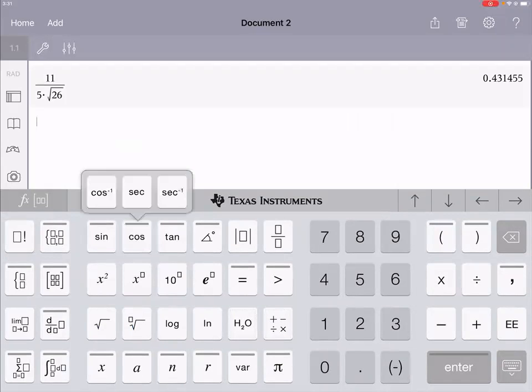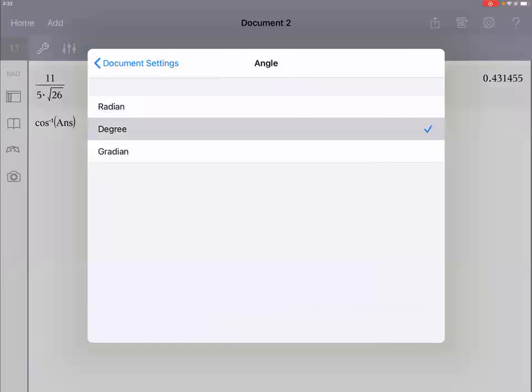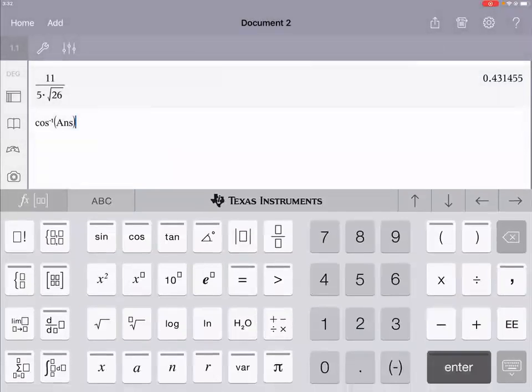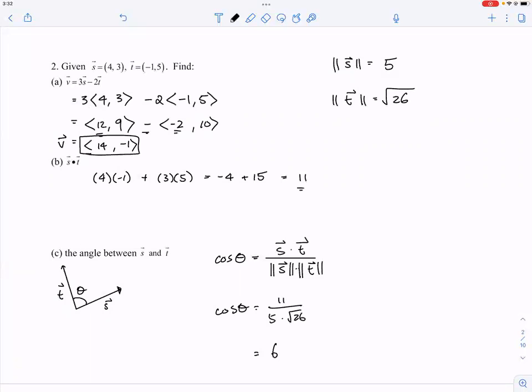So cosine inverse of this number would give us the angle. I need to make sure that I have the degrees for the angle. All right, so we have 64.44 degrees. Okay, so 64.44 degrees would be my theta.